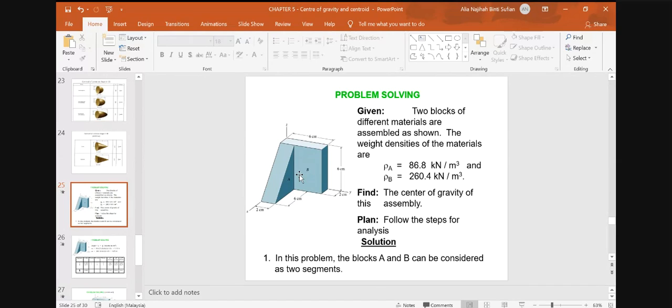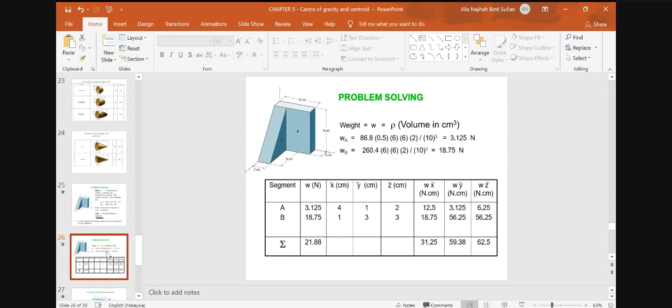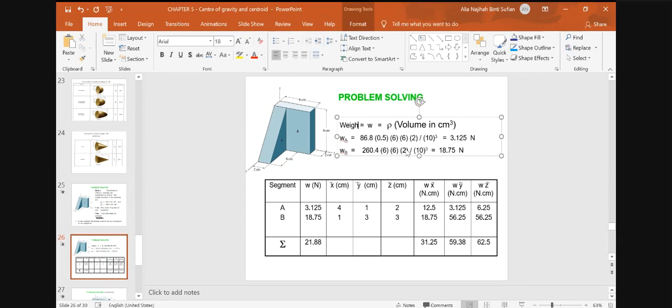Find the center of gravity of this composite object. In this problem, blocks A and B are considered as two segments. We have weight W equal to rho times volume. Rho times volume is mass.